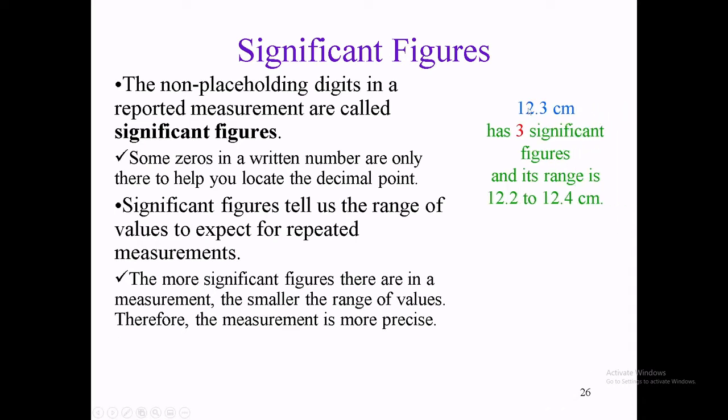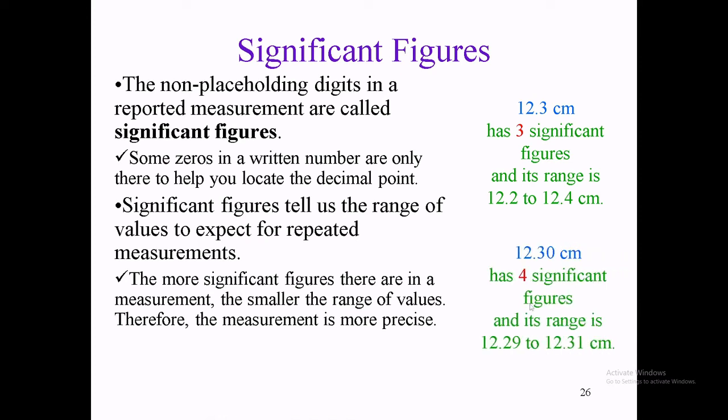Okay, so let's look at some examples here. If we have 12.3 centimeters, this has 3 significant figures, and its range is from 12.2 to 12.4. Okay, so if we do repeated measurements, we're always going to see values that should be between 12.2 and 12.4.